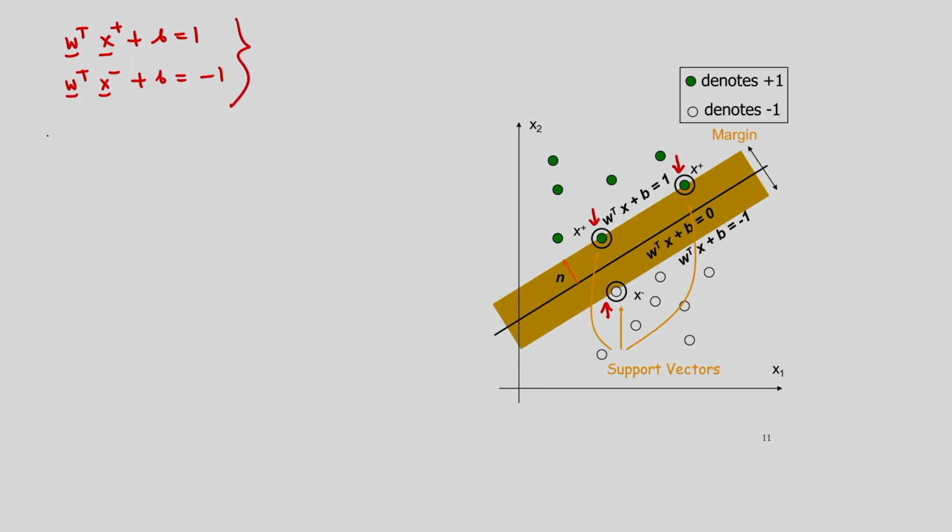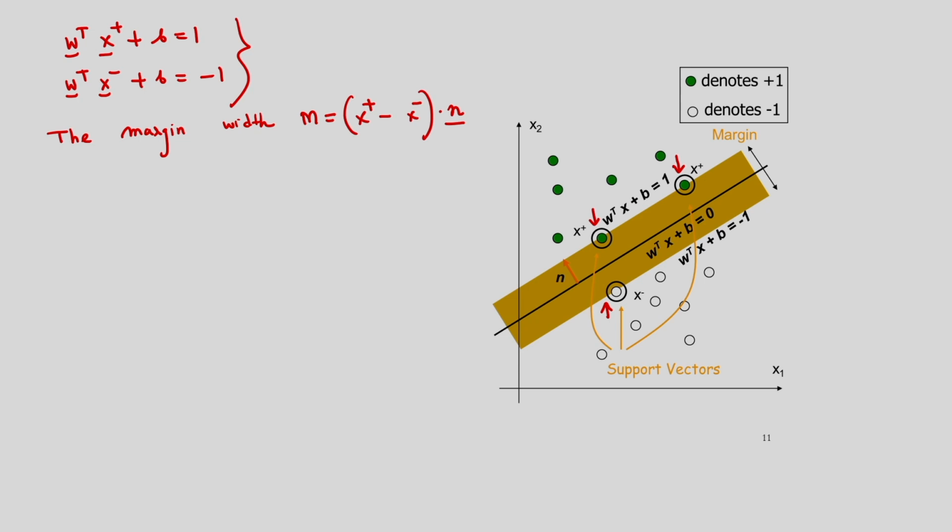So based on these two equations I can define the margin. The margin with m, the difference between x plus and x minus, and we have to consider the direction that is given by the unit vector n. So unit vector n already I have shown in my figure also.